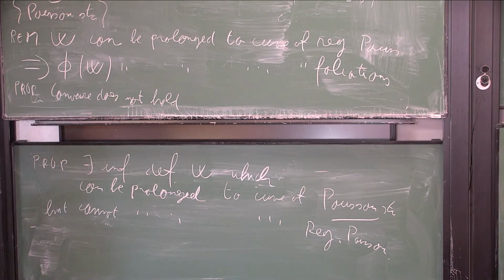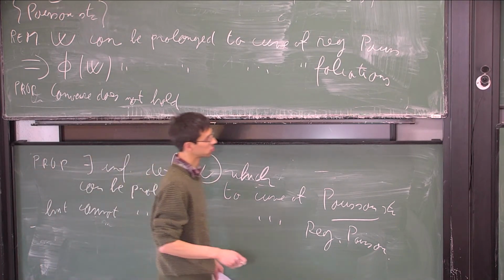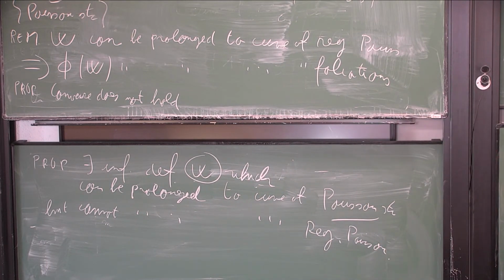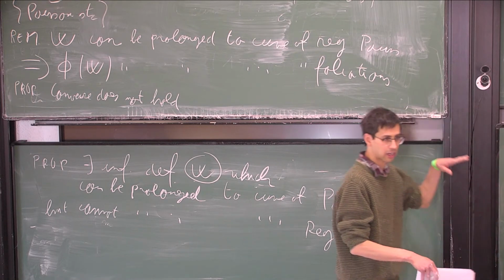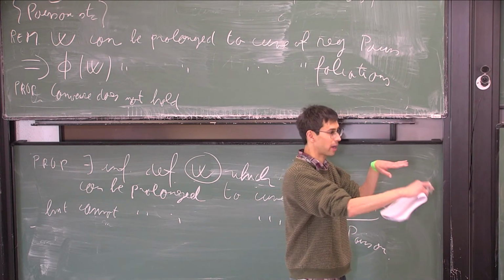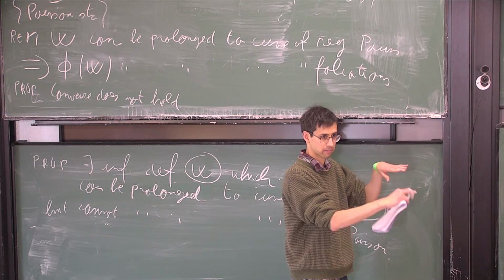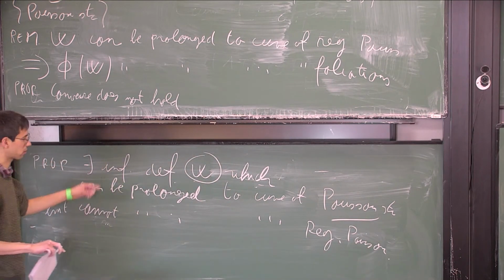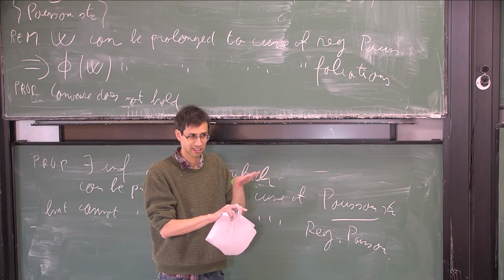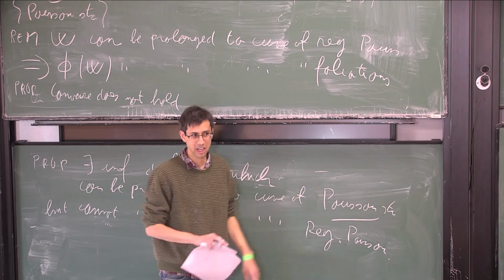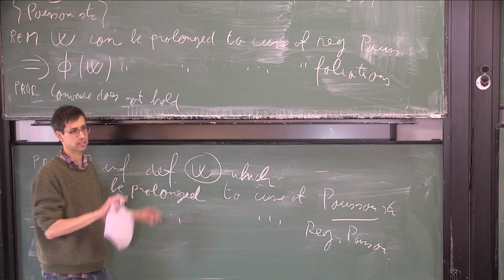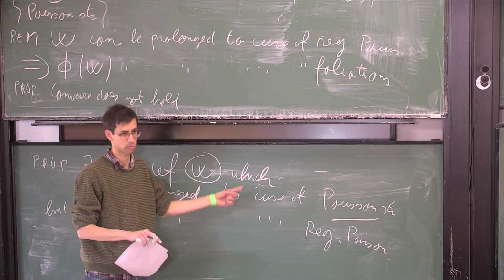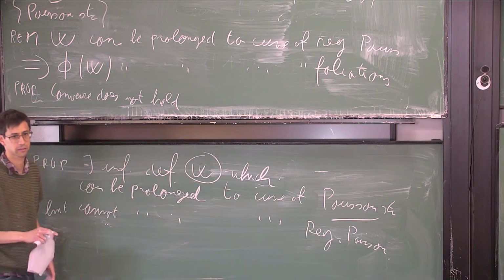Let me paraphrase. I have my infinitesimal deformation omega, a good bivector field which is closed. As every good bivector field, I know that I can prolong it to a path of regular bivector fields. Regularity alone is okay. There are examples where you can also prolong it to a curve of Poisson structures, so integrability is also okay. But you cannot do both simultaneously. You cannot get a curve of regular bivector fields which are Poisson. That's what this is saying.